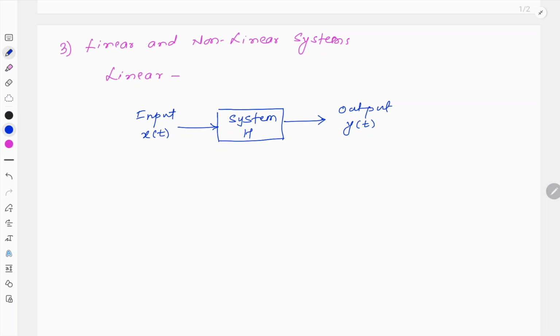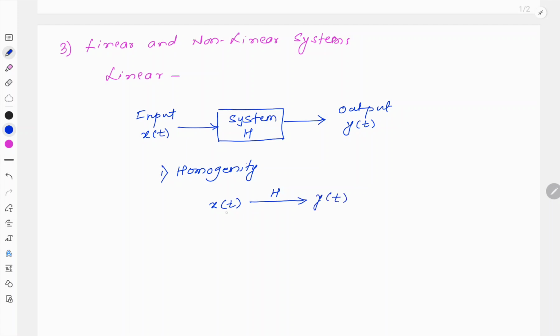In this case, we need to classify the system as linear or non-linear. So for linearity, this system must satisfy two principles. First is the principle of homogeneity. So let us understand what this homogeneity principle is. For this system, I have a pair: x of t is the input, and if I apply it with the system transfer function h, I get the output y of t.